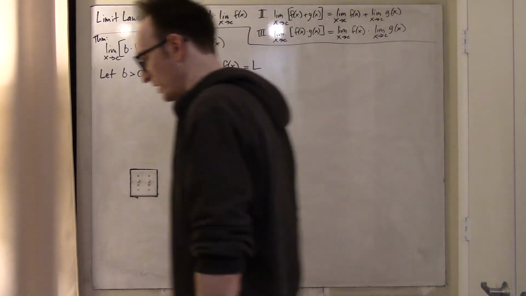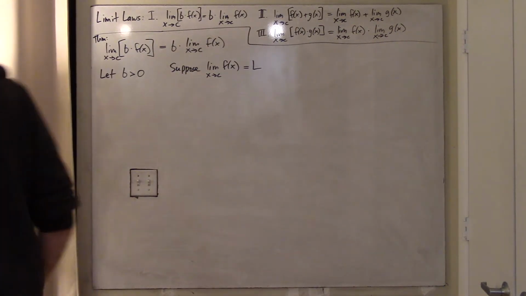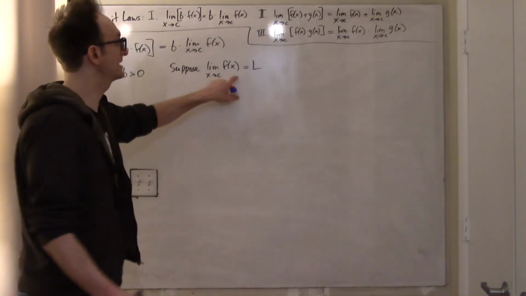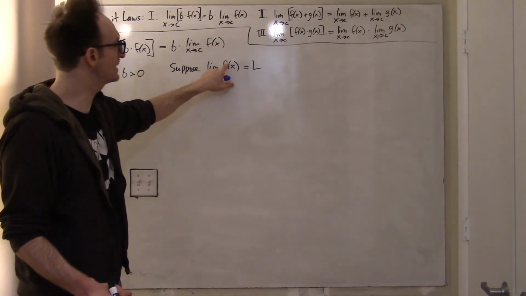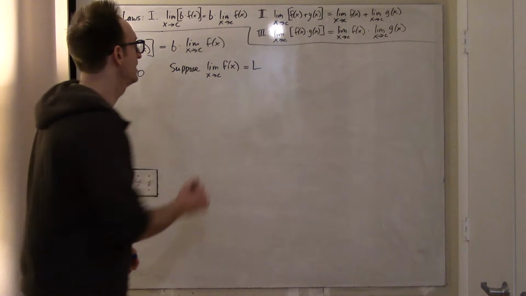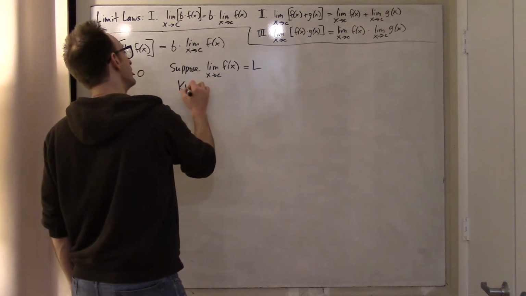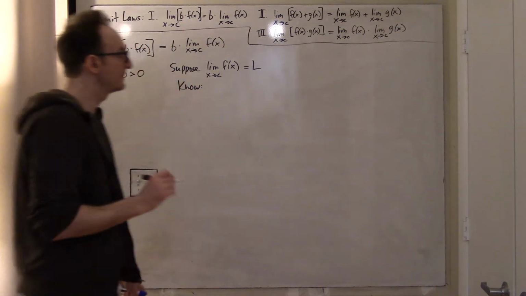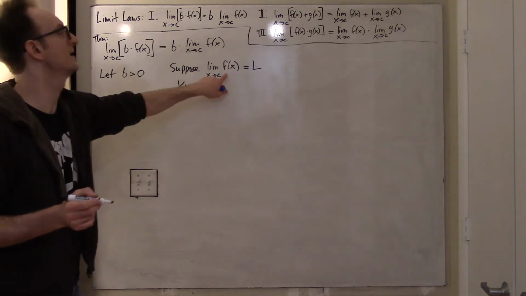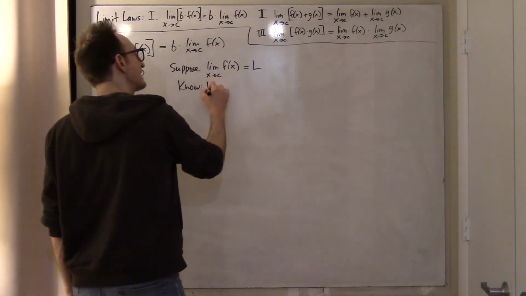But here, what we're going to do is use the definition in a different sort of way. That is, by assuming that this limit exists and is L, what I actually already know is the full definition. In other words, if this limit is L, what does that actually mean?